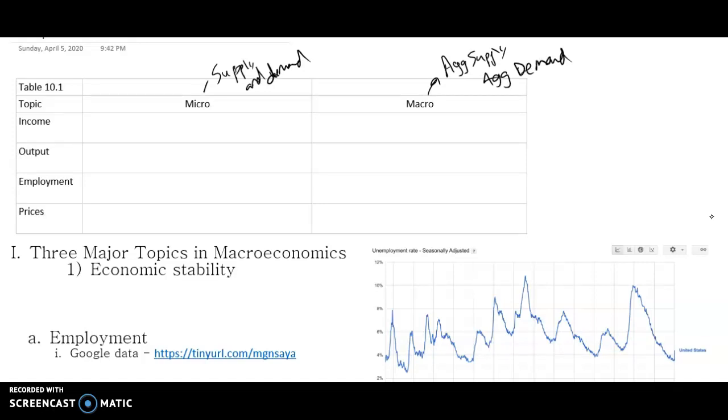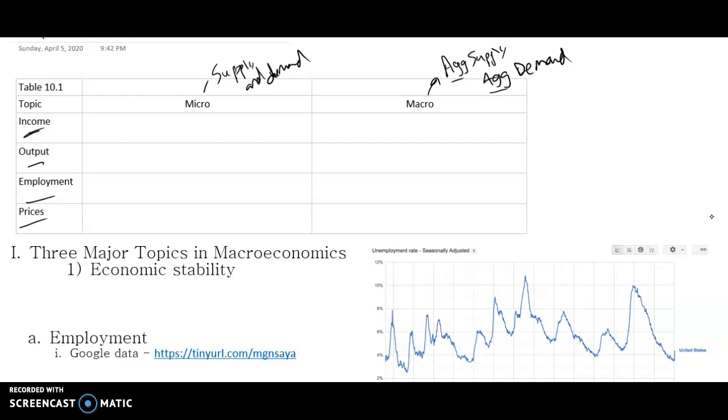So what do those two terms, aggregate, mean, and how are they different than just regular supply and demand? Looking at these two columns, micro versus macro, with the ideas of income and output, employment and prices, what's the difference between these two things? And you'll see a common trend as you look at these.